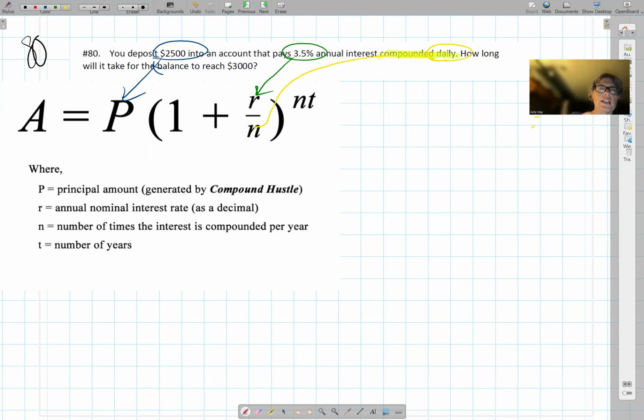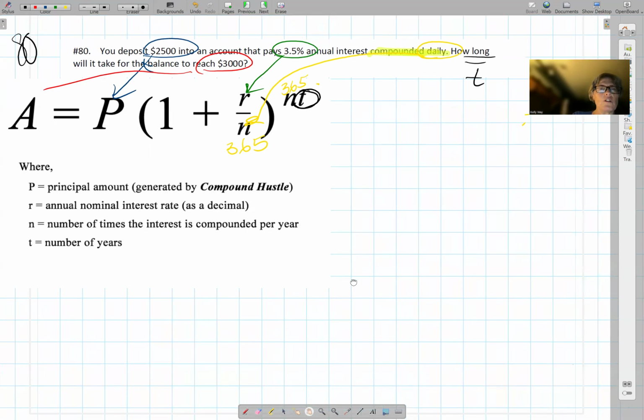Daily is going to be 365, which is the same as 365 here. And to get a balance of 3,000, that goes there. And then what is your unknown? That's going to be how long?